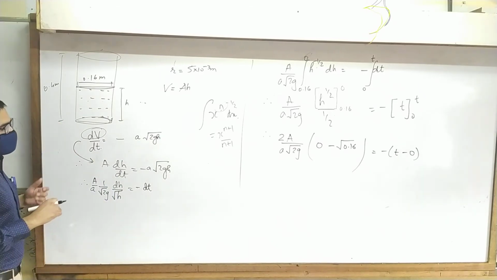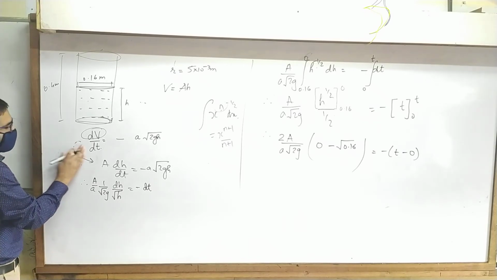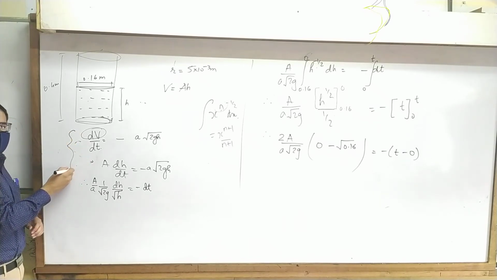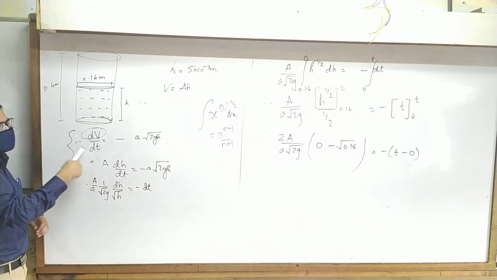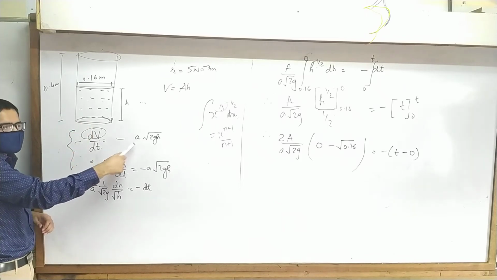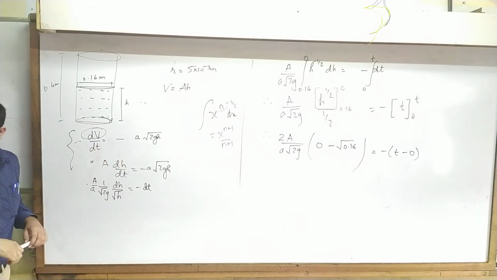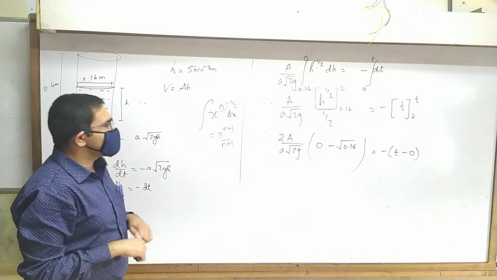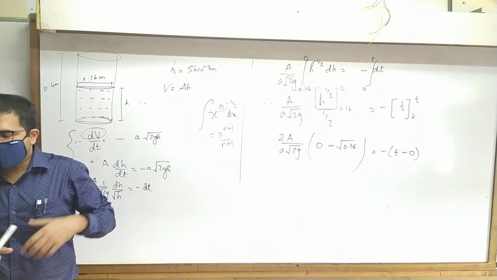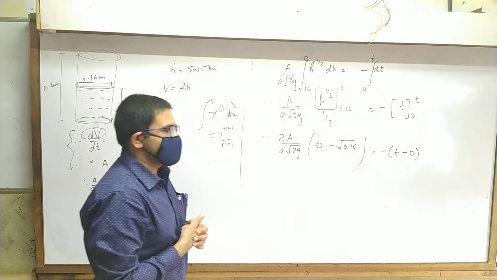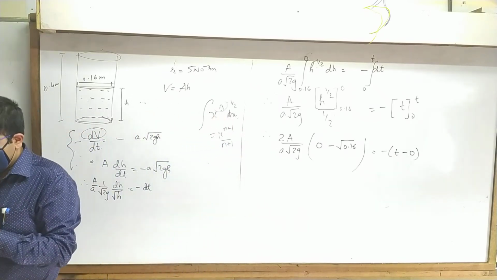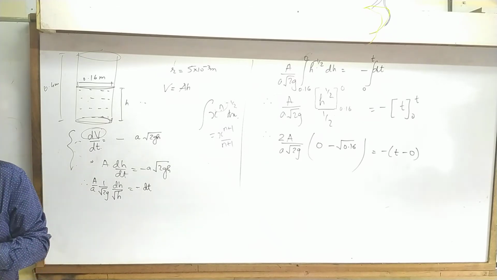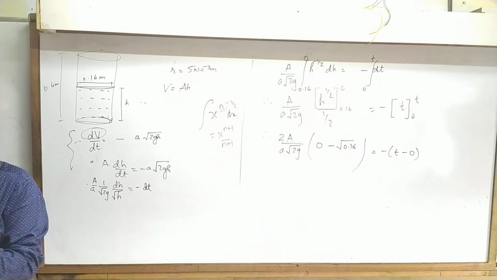So, if you ask me what's the toughest part of this problem, I'll say it's here. I realize that is very important. If you can realize that the rate of change of volume, dV by dt, is this, then after that it's just maths. Such a question could also be from height h1 to h2, not from 0.16 to 0.